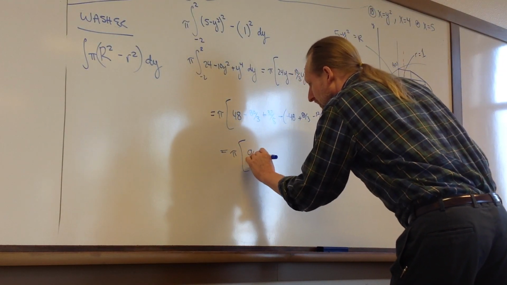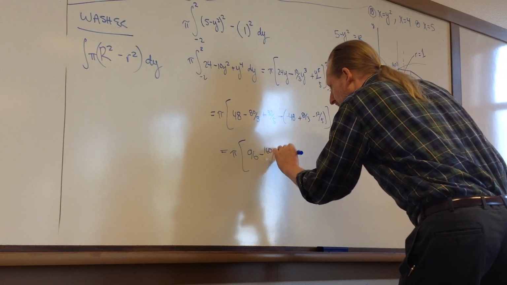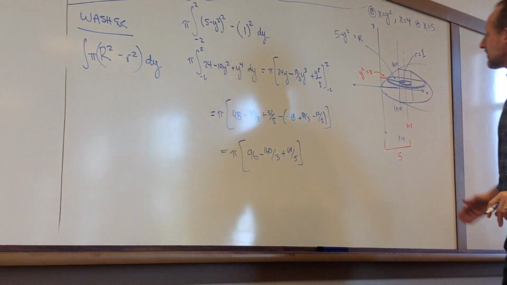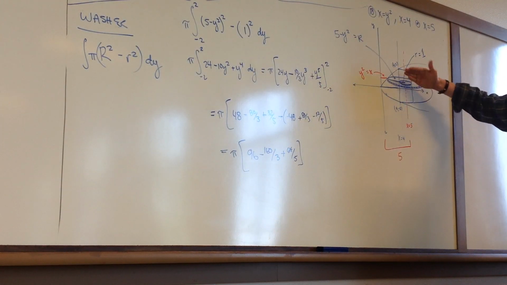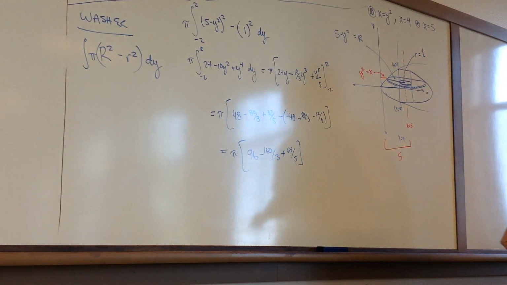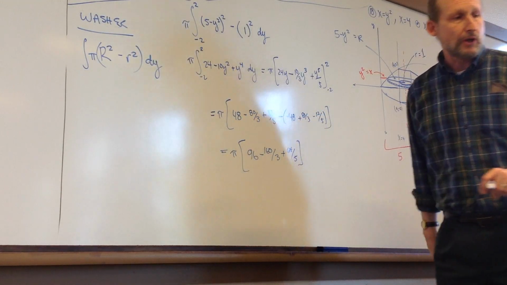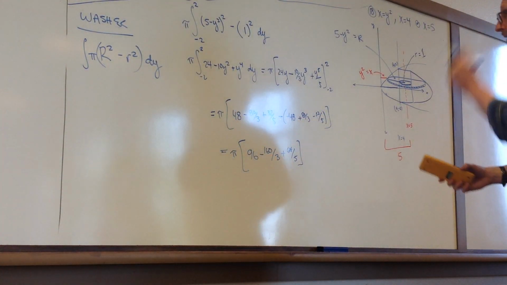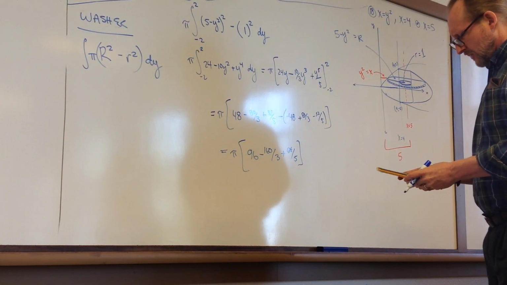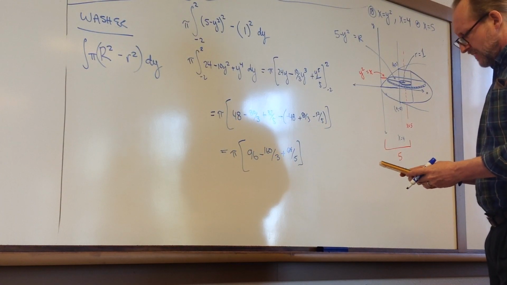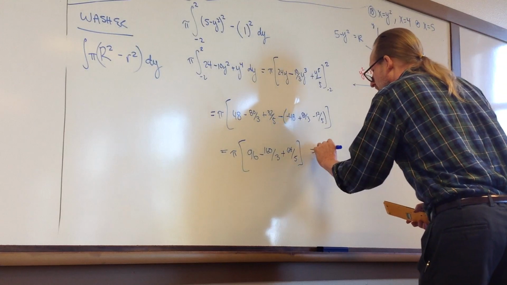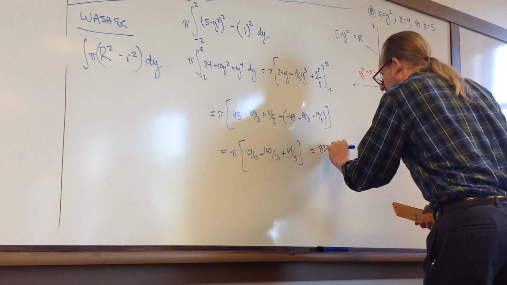And so this is going to be 96, 160 over 3, and 64 over 5. And you can see that in some of these problems, if the two sections are symmetrical like that, you'll often get that scenario. So 96 minus 160 over 3 plus 64 over 5 gives 832 pi over 15.